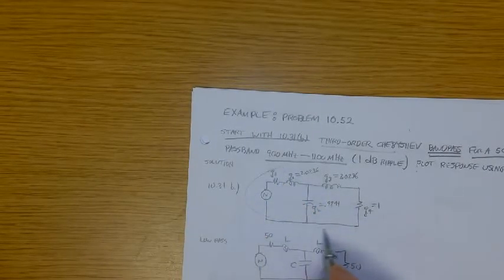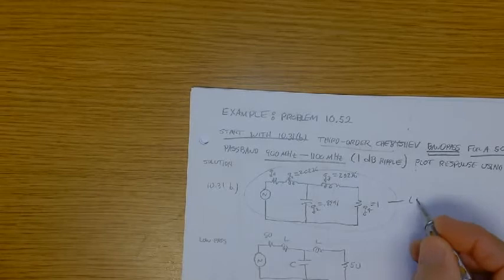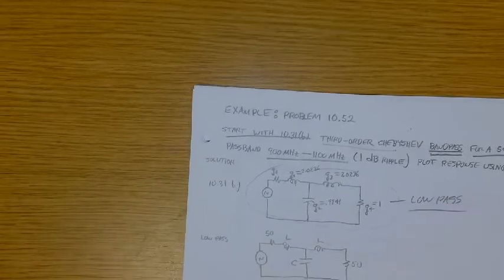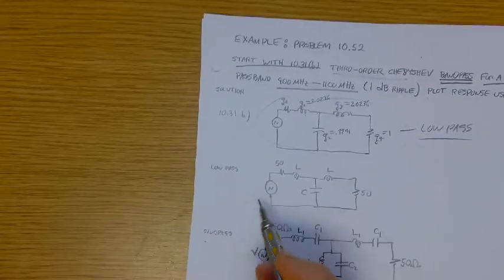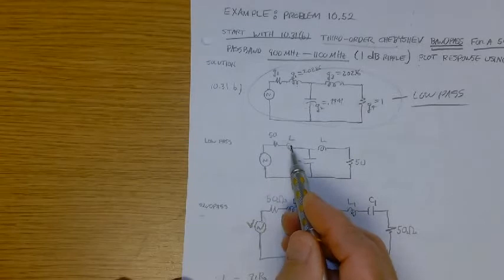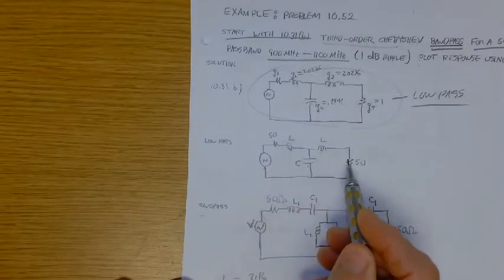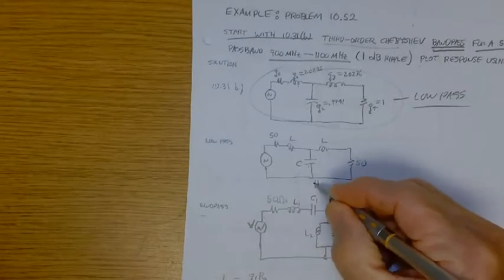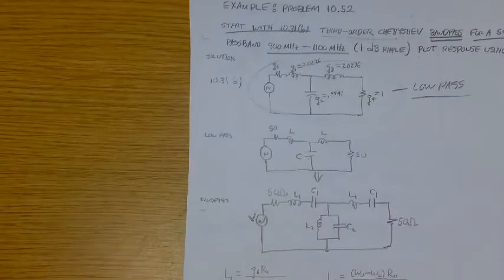So we're going to convert that into band pass using the table. How do we do that? Remind ourselves. To go to band pass, every time I see an L, I need to replace it with a series LC combination.